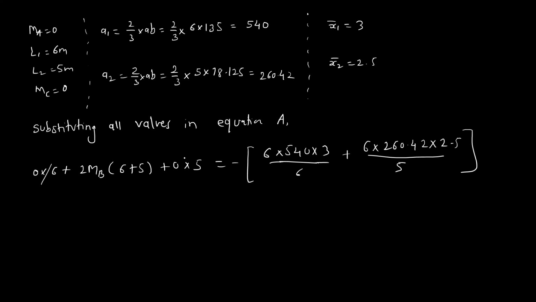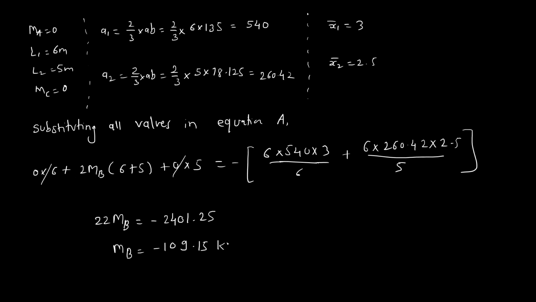So this is 0, this is also 0. So this is 6 plus 5, 11, 11 into 2, 22. So 22 MB. This calculation will give us the answer of 2401.25.